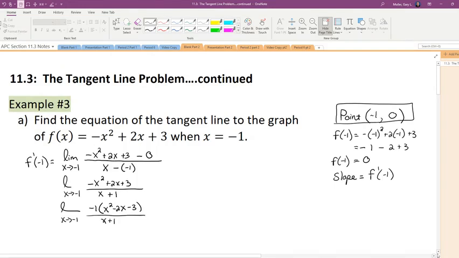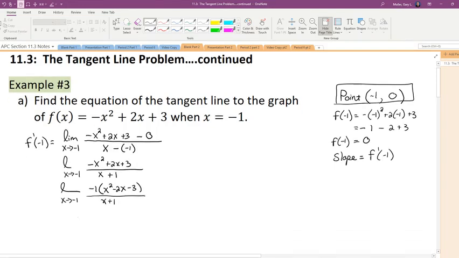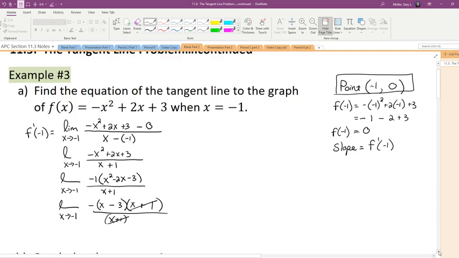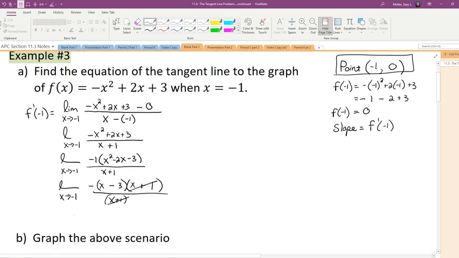And hopefully, when I factor this, it will have a helpful factor that will cancel out. So I have x, 3, and 1, -3, +1, and sure enough, x plus 1 cancels out, leaving me with the limit as x approaches -1 of -x minus 3.